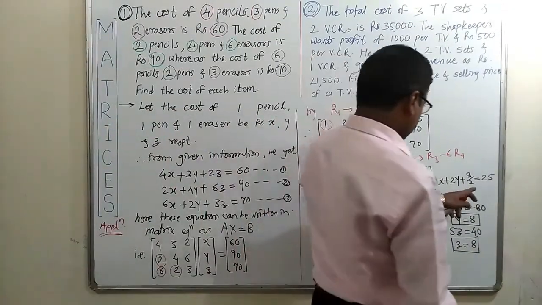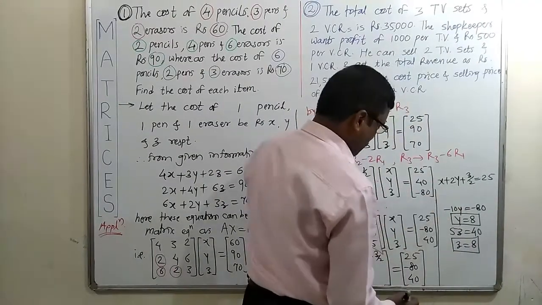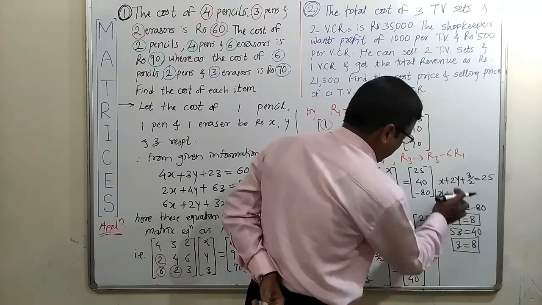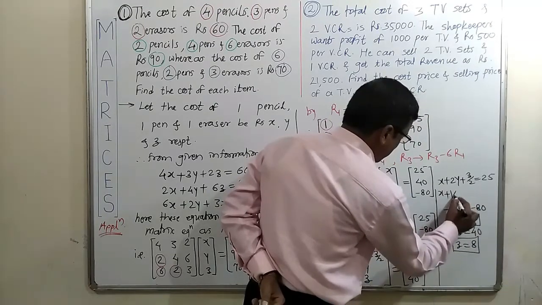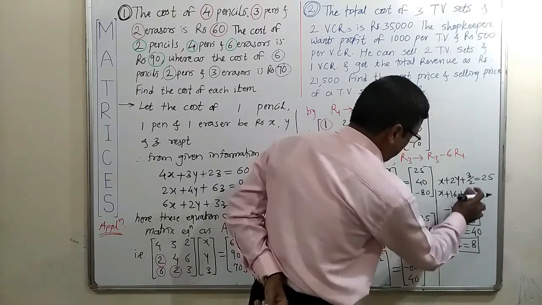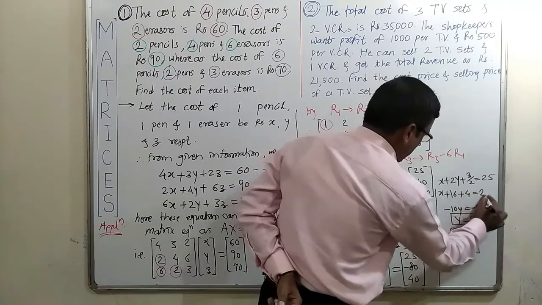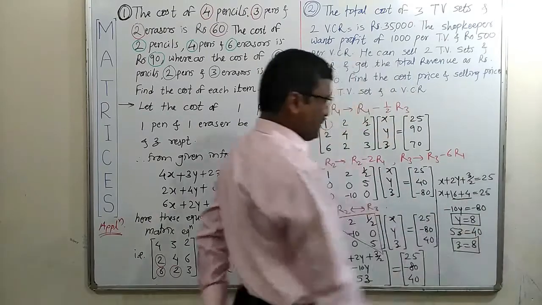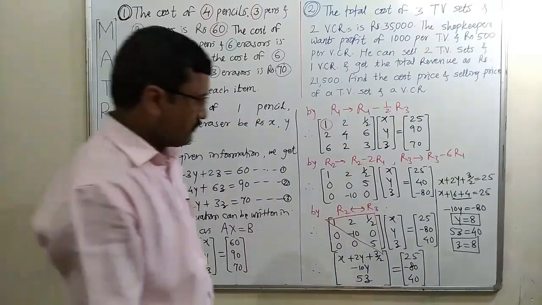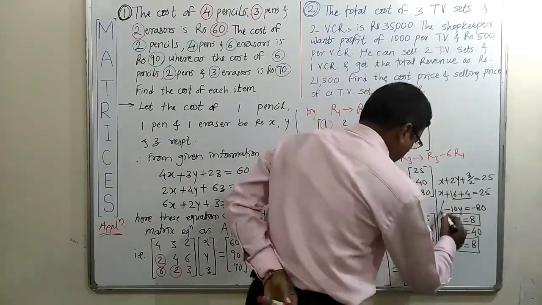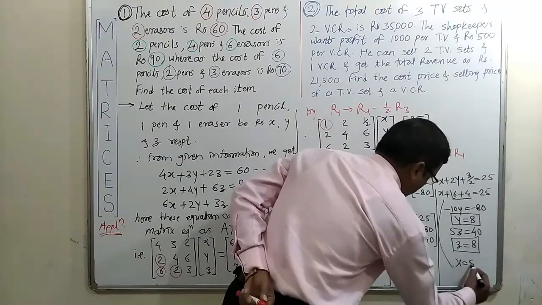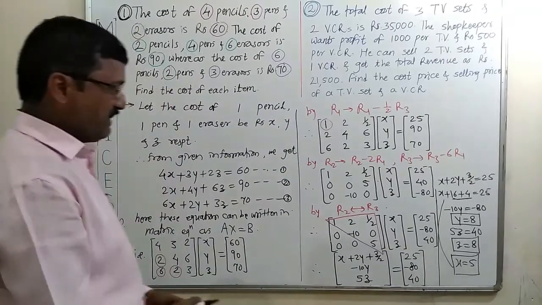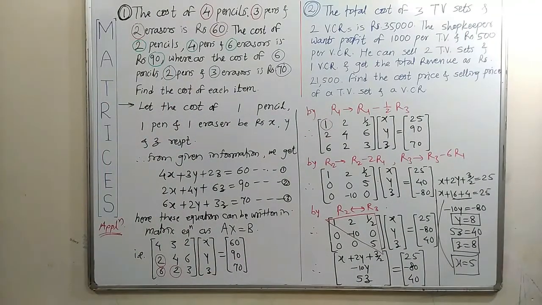If we put these two values in this equation, then x plus 8 into 2, that is 16, plus z is 8 upon 2, that is 4, equal to 25. So 16 plus 4 is 20. Cancelling it, we get x equal to 5. So x equal to 5, y equal to 8 and z equal to 8.